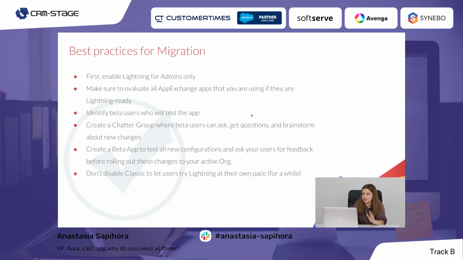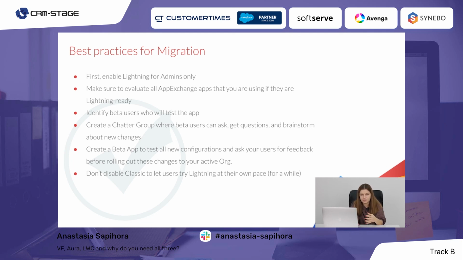Best practices for migration. Firstly, it's good to enable Lightning for admins, so they will be able to test it first. Also, make sure to evaluate and check your AppExchange applications that are installed in your system, that they are Lightning ready. Identify a group of beta users who will test the application.